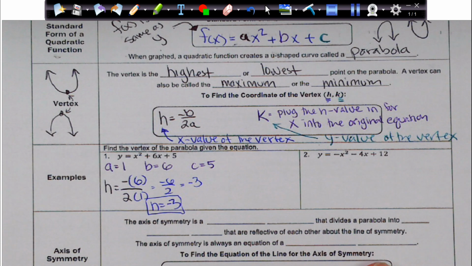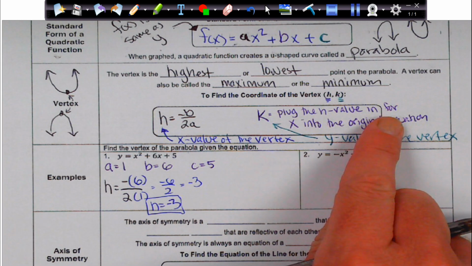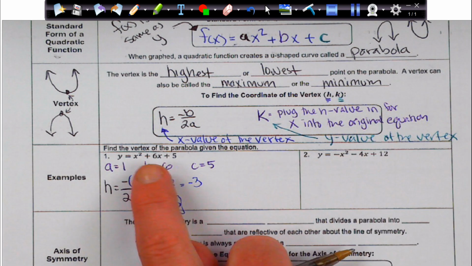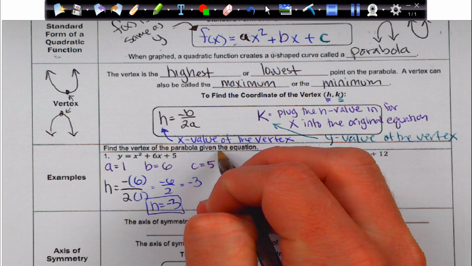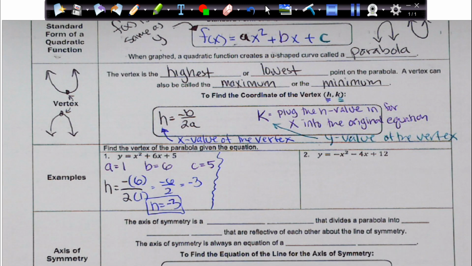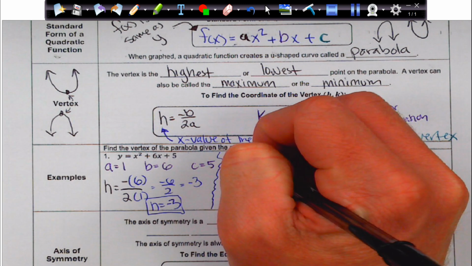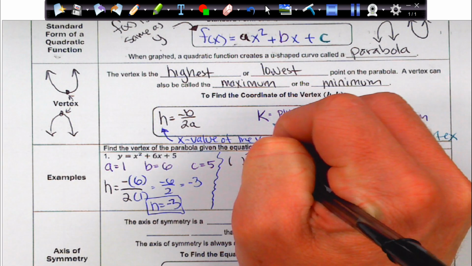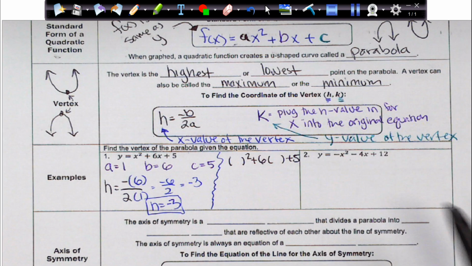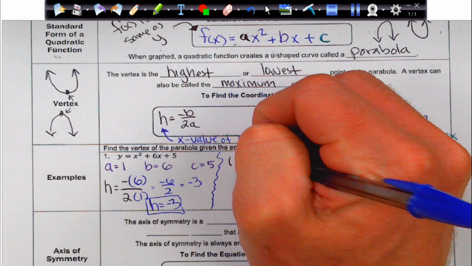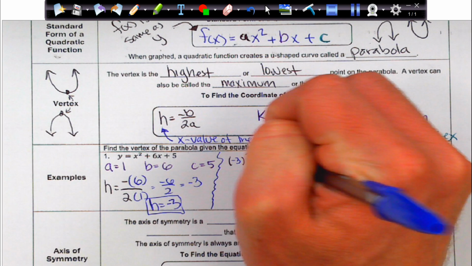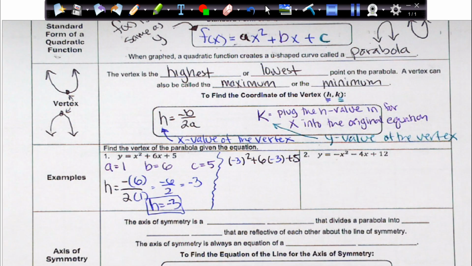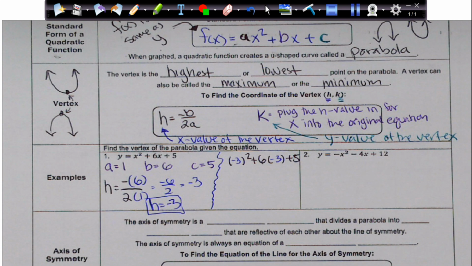Now we need to plug the h value in for x into the original equation. So here's my original equation. And instead of x, I'm going to put parentheses. And I'm going to plug in the h value of negative 3. So I got negative 3 in for the x value.